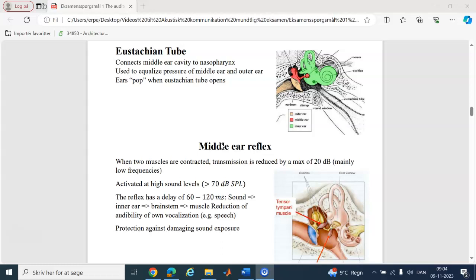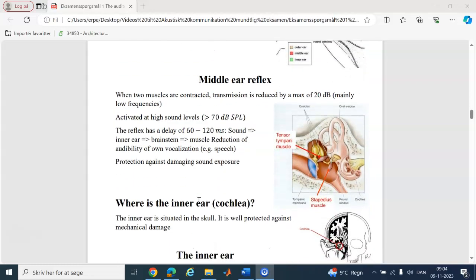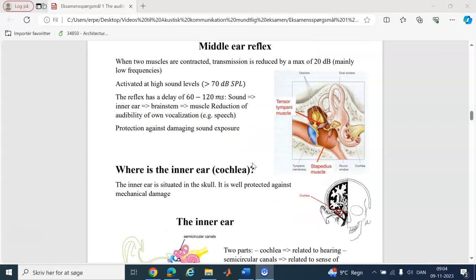And so it's very difficult to avoid immediately damping sound pressures, protecting. So it's difficult to protect against very sudden impulses with a high sound pressure.